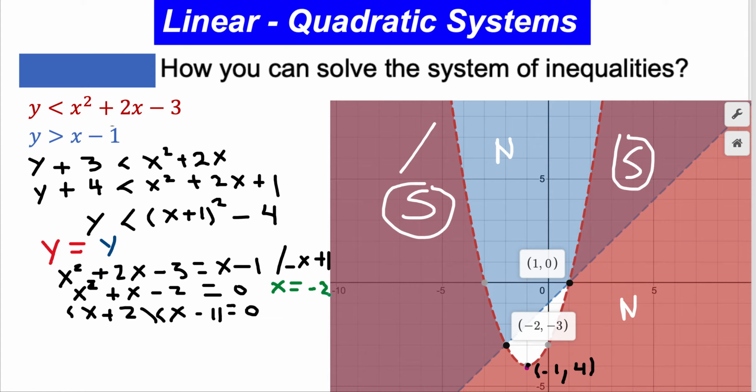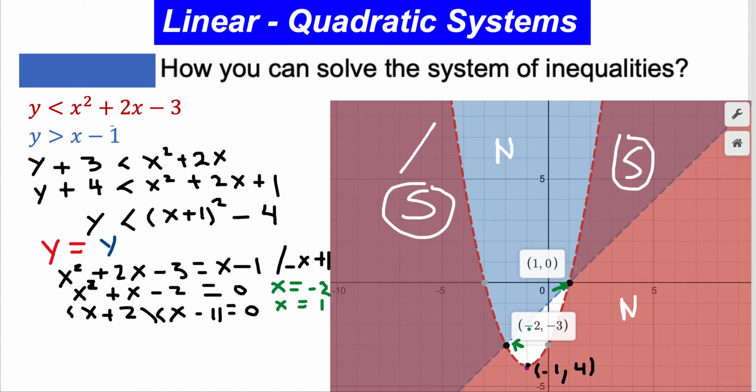And in the other factor, x minus 1, we get the solution x equal to 1. So we already have those intersection points, this point here, and this point here. Already we have 1 and minus 2 as the x values.